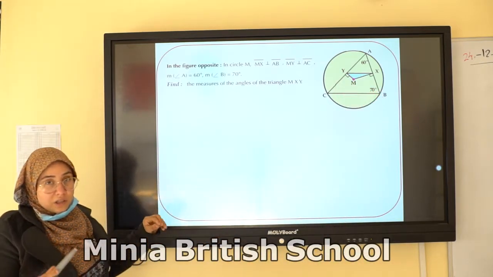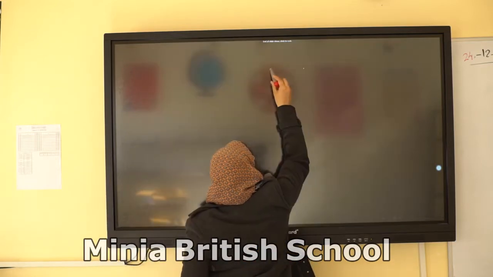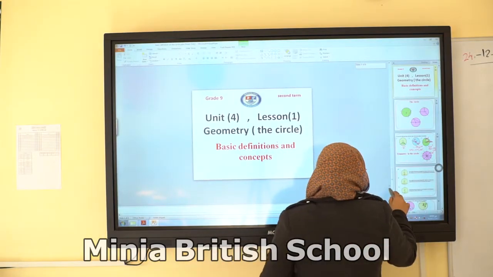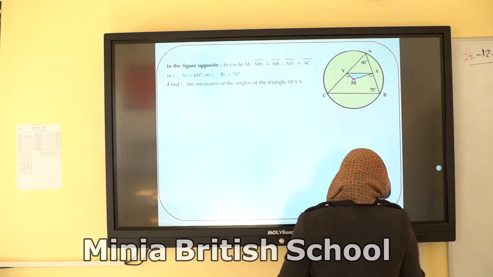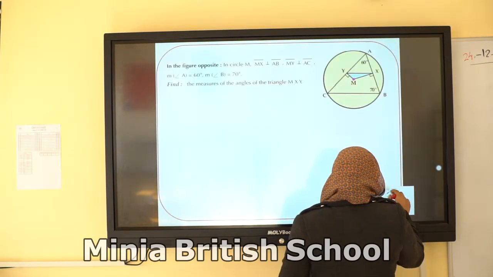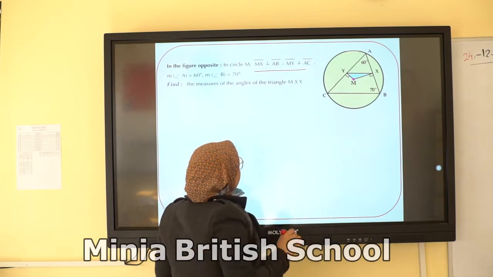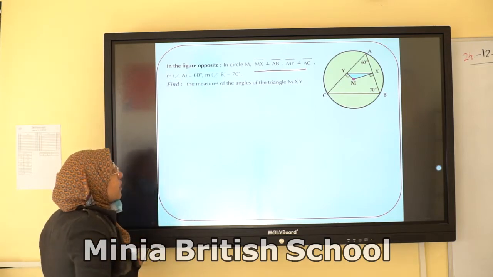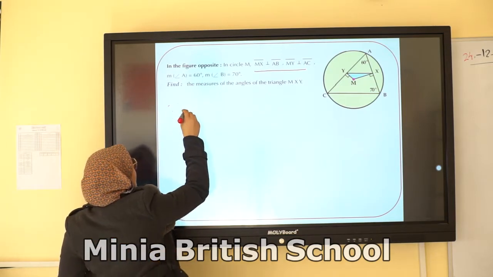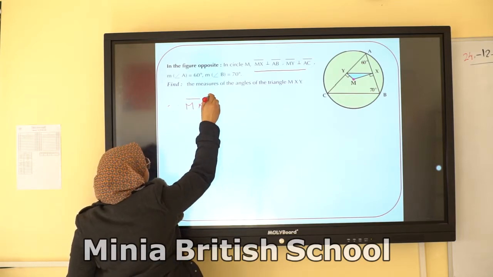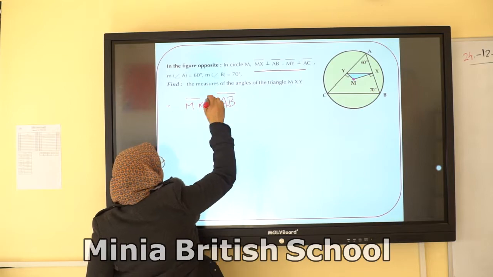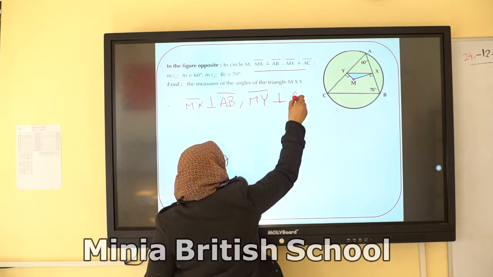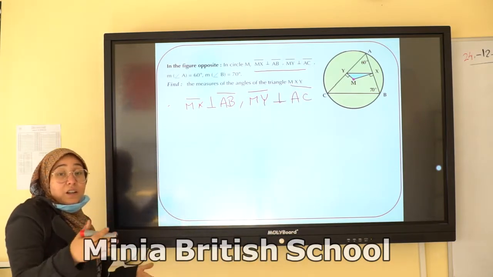From the given, since MX is perpendicular to AB and MY is perpendicular to AC in the circle M.